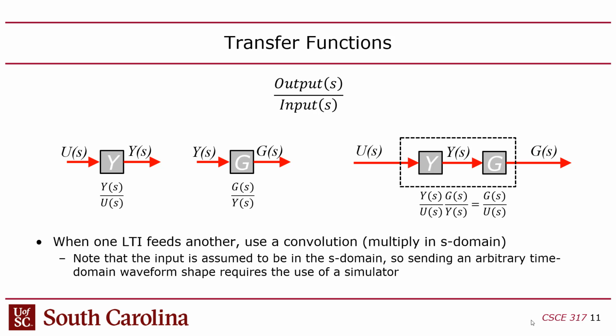Okay, so why do we use transfer functions? Because transfer functions have this cool property where you can compose them, meaning you can interconnect them by just multiplying them, right? So the reason they use that ratio form is because if I have two transfer functions, and I want to connect one to the other in series, the output of this one is going to feed into the input of this one.